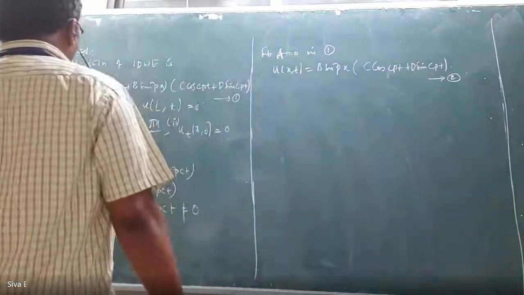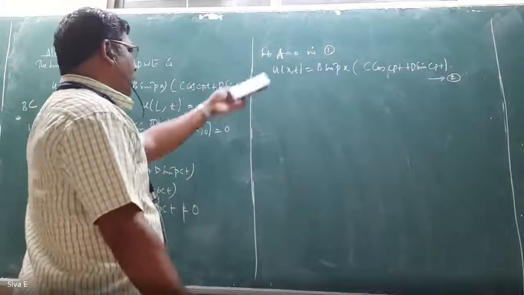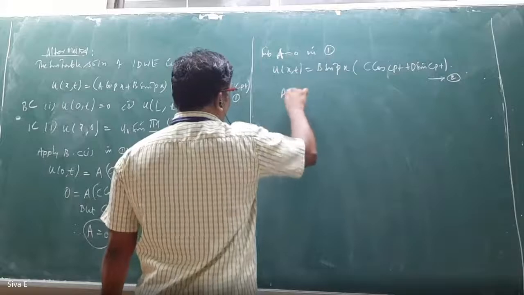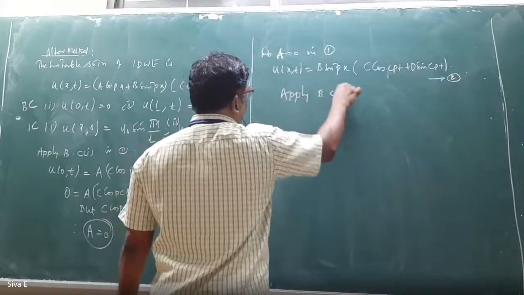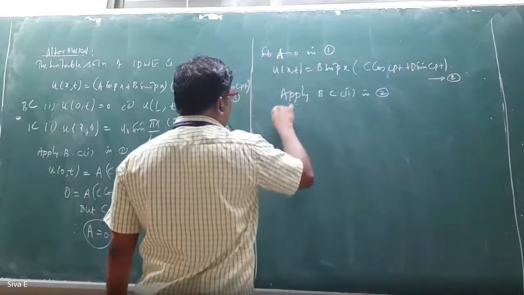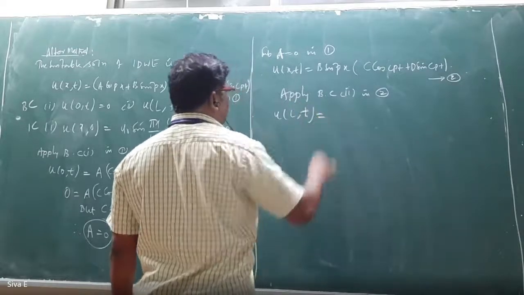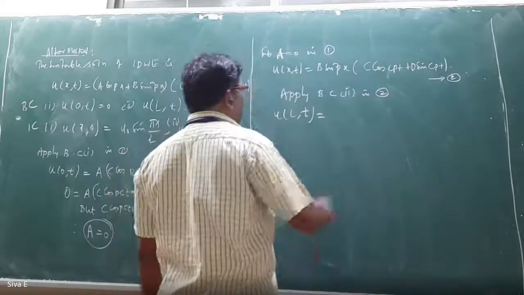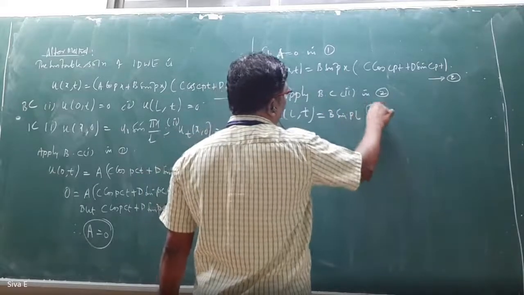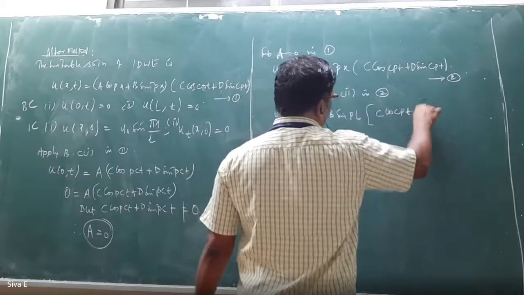Now apply the second boundary condition, not in 1, in 2. It is the updated solution. So applying boundary condition 2 in 2, we get u(L, t) = B sin pL (C cos cpt plus D sin cpt).